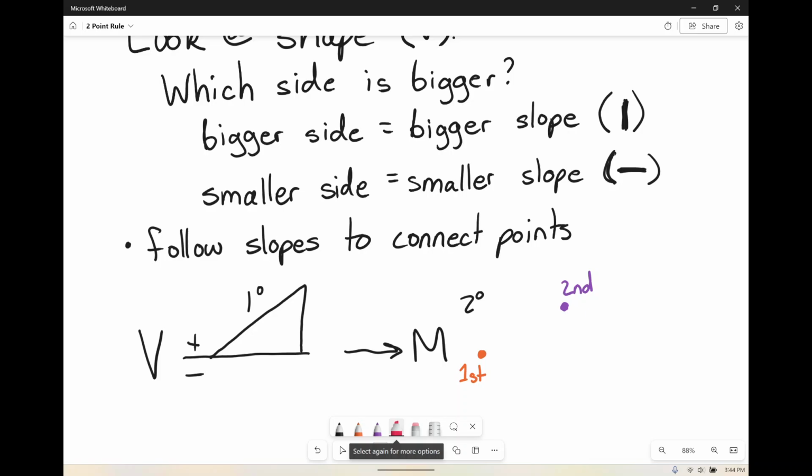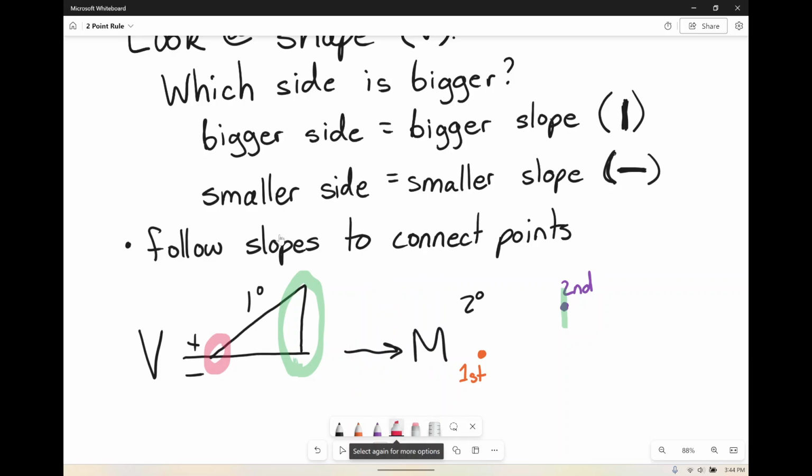So I'm going to go left to right, actually. I'm looking at this side versus this side. Which one of those two is bigger? The green one's bigger, so at the second point it's going to be very vertical, so I'm going to sketch in a vertical line there.